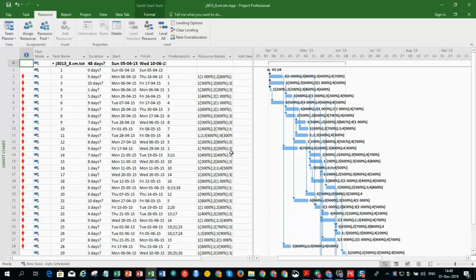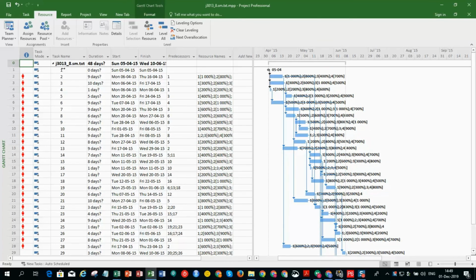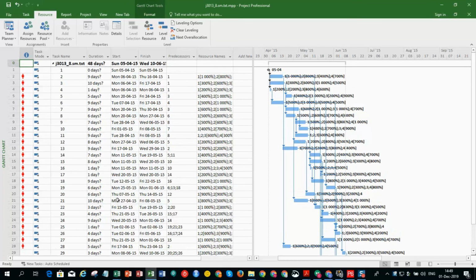Now, let's look at the problem J3013_8. It's a problem from the J30 series, hence it has 30 activities plus start and finish milestones, so 32 activities in total.